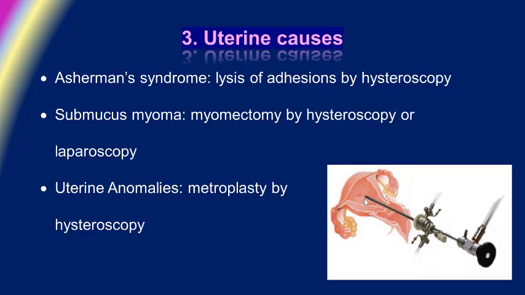If we see adhesion, like in Asherman syndrome, we can remove the adhesion. If there is submucous myoma, we can also remove it either by hysteroscope or by laparoscope. Any uterine anomalies like uterine septum can be removed by hysteroscope also.